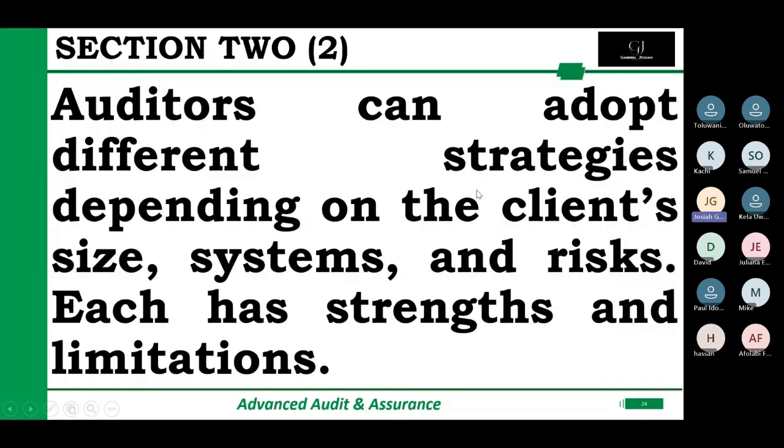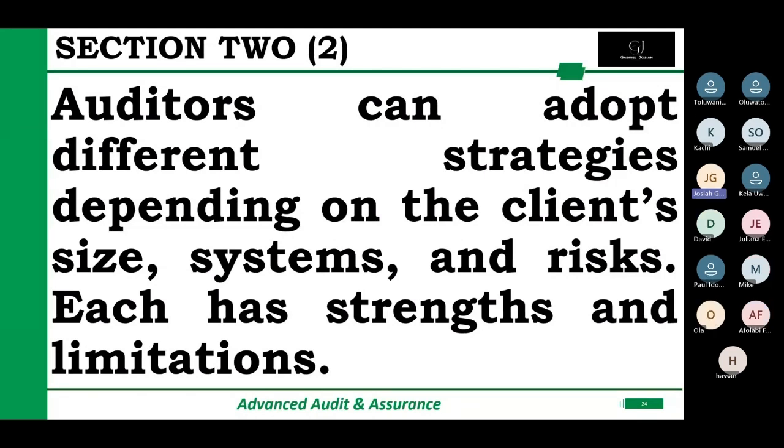And we have the strategies around what we just spoke to in the first unit. We understand that auditors can adopt different strategies depending on the client's size, the systems, and the risks of the client.